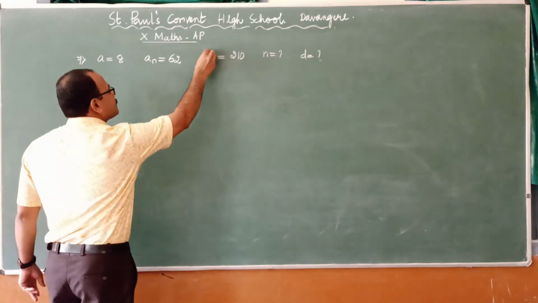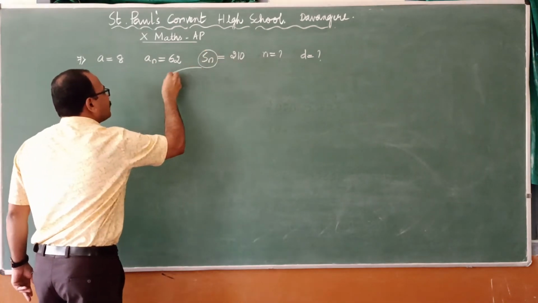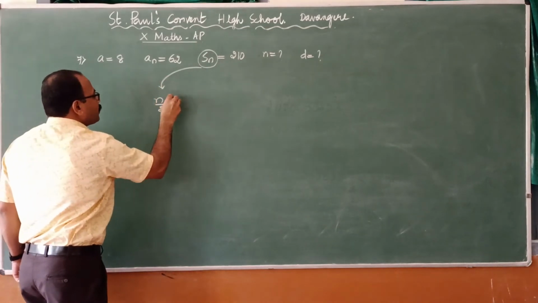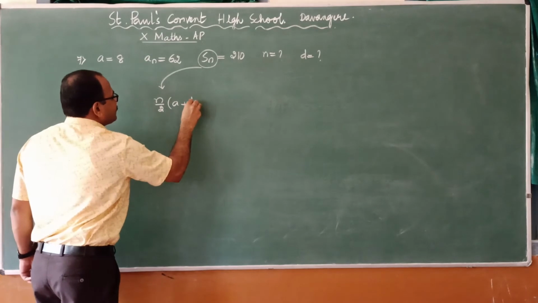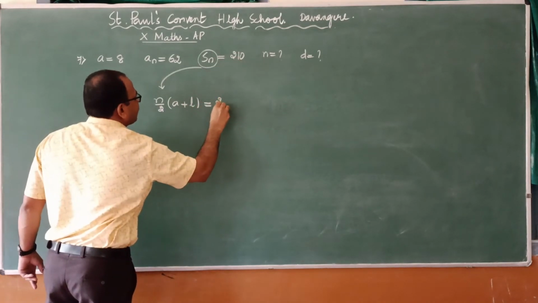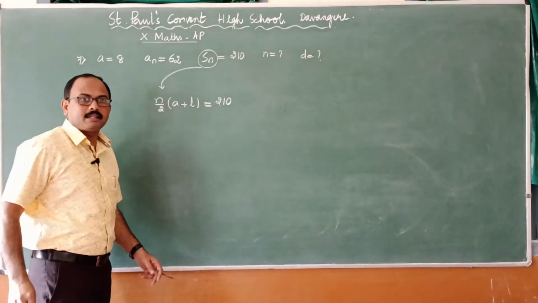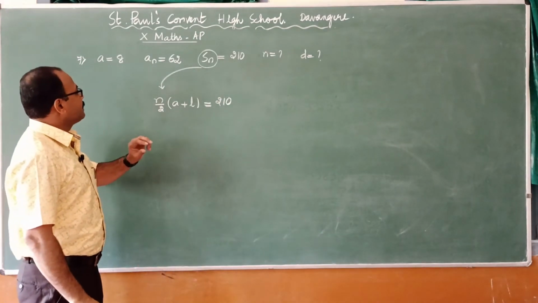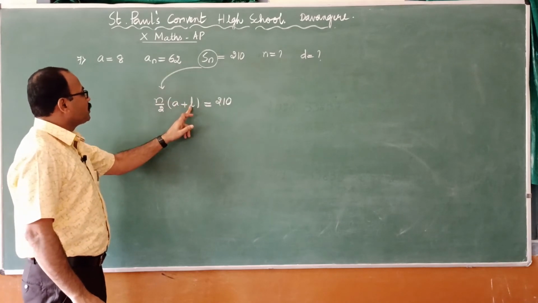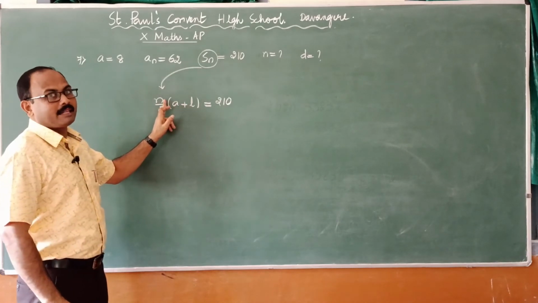Therefore, let's take the Sn formula, n by 2 into (a plus l) equal to Sn, which is 210. In this, we know a and the last term also. Only n can be calculated.